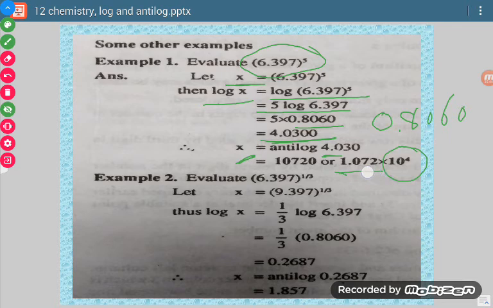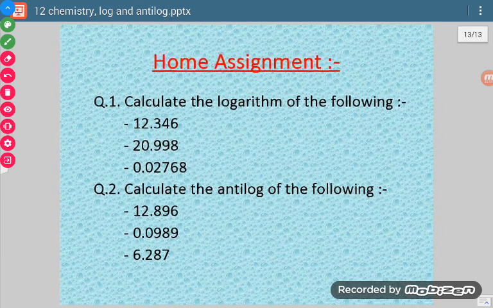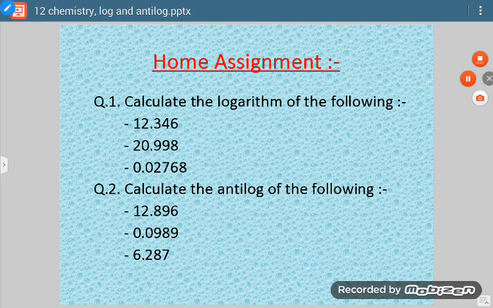So 1072 will be written as 1.072. So this will be the value. Okay. Similarly, we can do this also by applying all the formulae. Now, on the basis of whatever we have done, you are supposed to attempt these. Okay. Thank you.